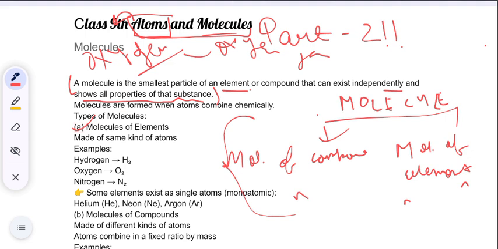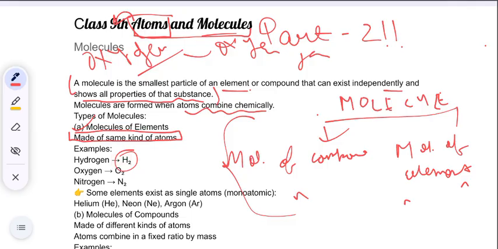See, molecule of elements is made of the same kind of atoms, okay. मतलब you know that molecules are formed when atoms combine chemically. So elements are pure substances. In element, molecules are always made of same atoms. For example, hydrogen.